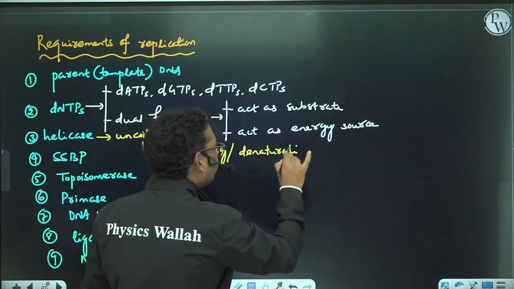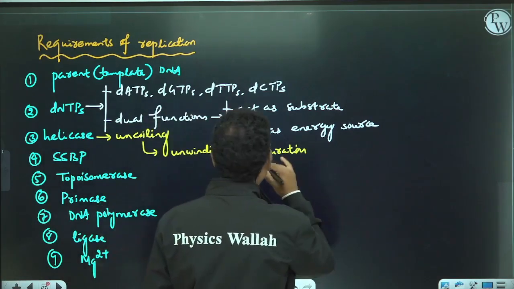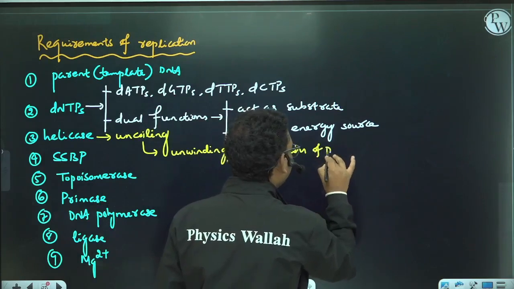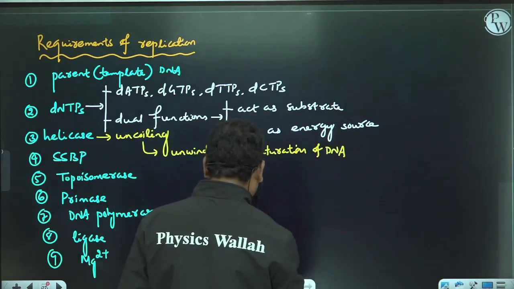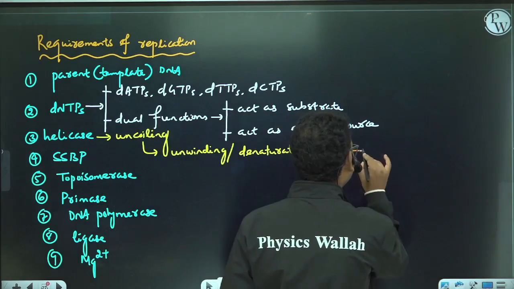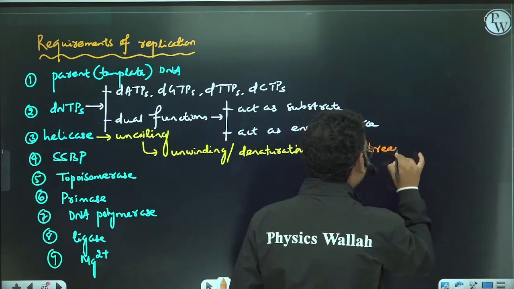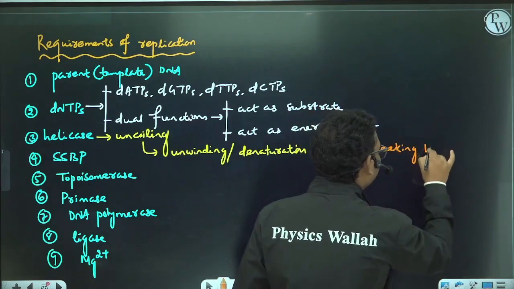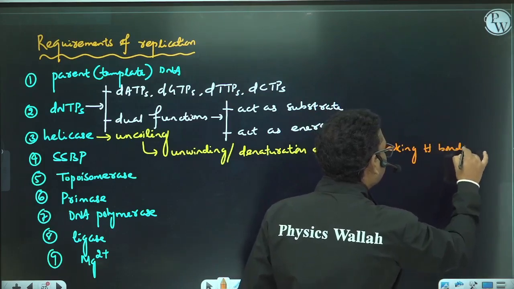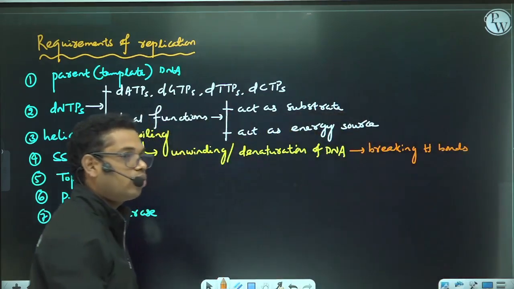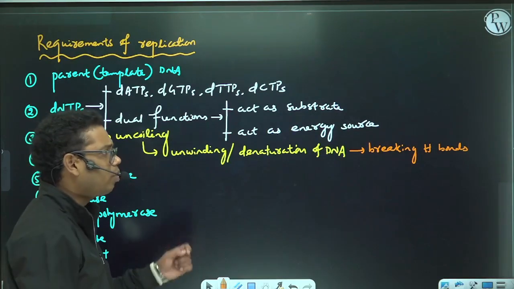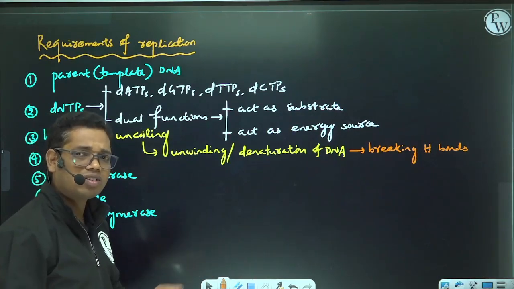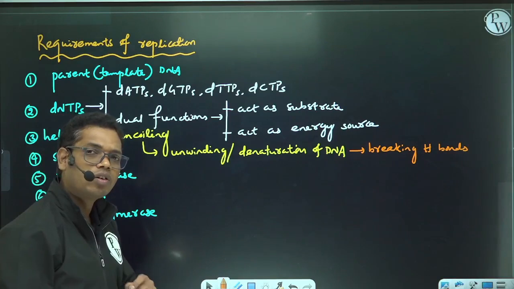When I perform unwinding or denaturation of DNA, this means I'm breaking the hydrogen bonds present between the nitrogenous bases of the two strands. And this breaking of hydrogen bonds requires energy, and that energy is obtained from ATP.